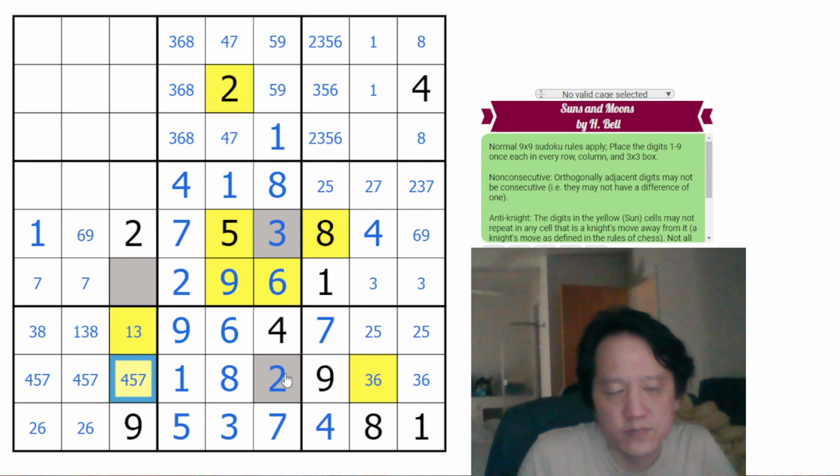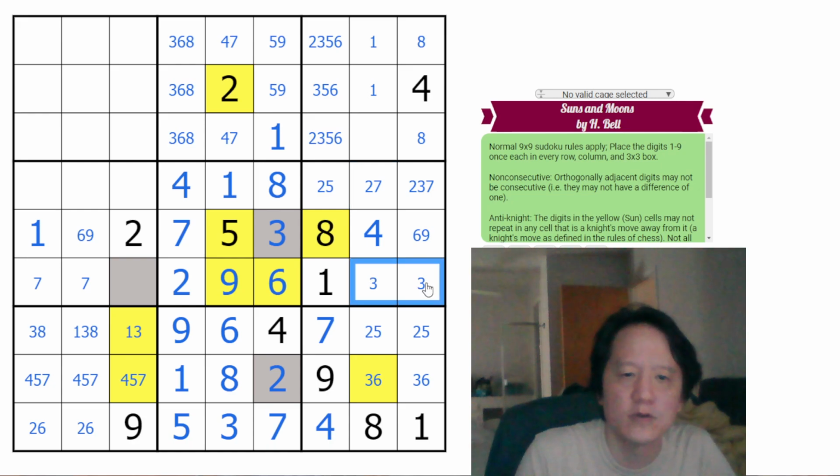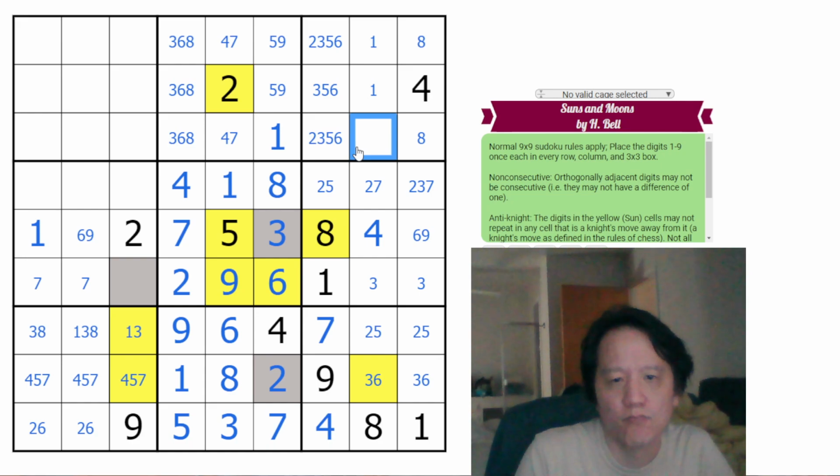Okay. So, knight's move, this is fine for all of them. We know the 2 and the 7 are here. We don't know. Wait, can't the 7 be here? We know the 3's here.